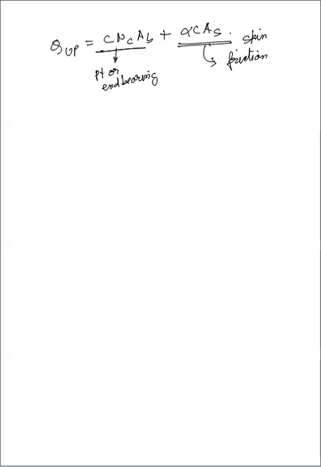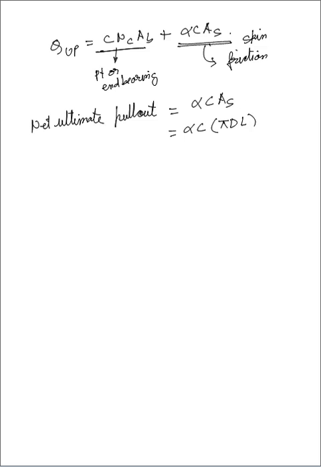Whenever they are asking to find out net ultimate pull out load, we have to take into account only the term alpha C AS, or if it is circular, alpha C into pi d L. Remember this thing. No need to add the term C NC AB if they are asking for the net ultimate pull out load.